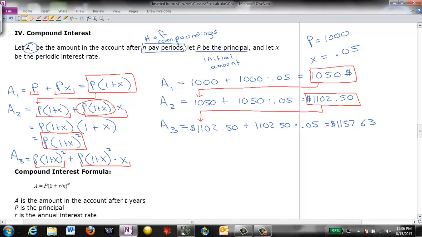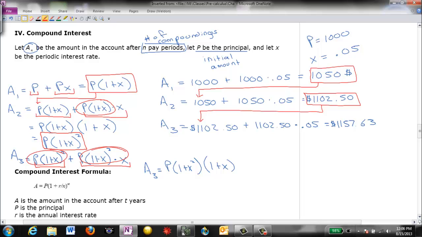So I'm just going to continue on down here. So I have A3 equals, and then I have P times (1 plus x) squared times, I'm going to get a (1 plus x) again, right? So if I pull a P times (1 plus x) squared out of this term, I get 1. If I pull a P times (1 plus x) squared out of this term, all I have left is x.